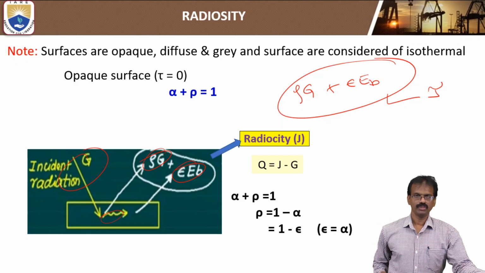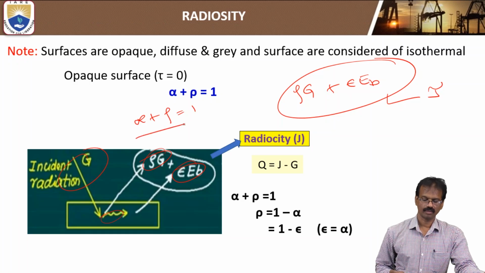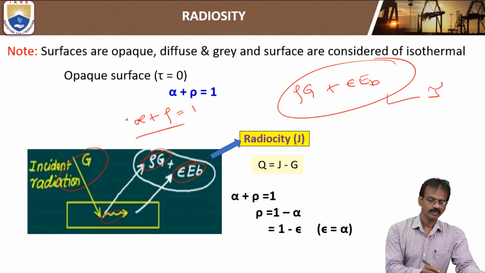For an opaque surface there is no transmissivity, so alpha plus rho is equal to 1. By Kirchhoff's law, alpha is equal to emissivity. Then emissivity plus rho is equal to 1, so rho is equal to 1 minus emissivity.